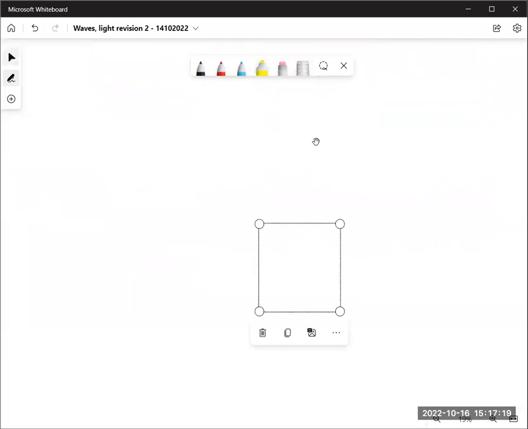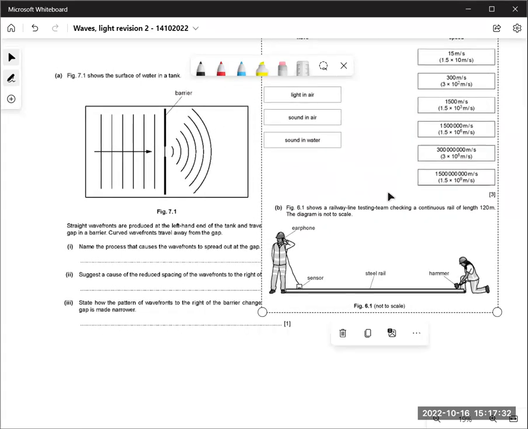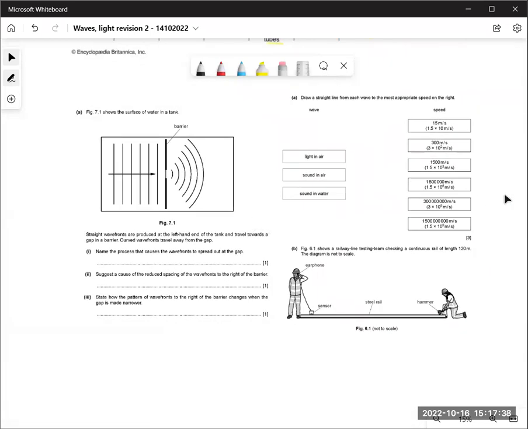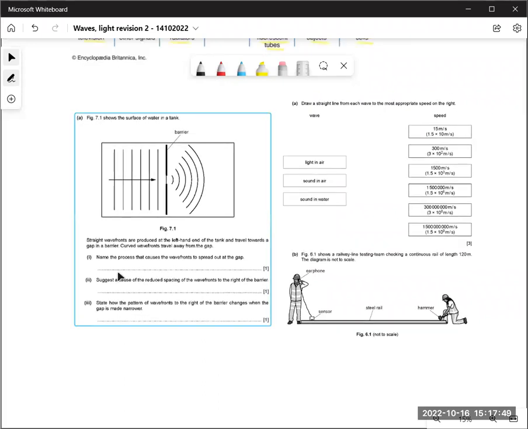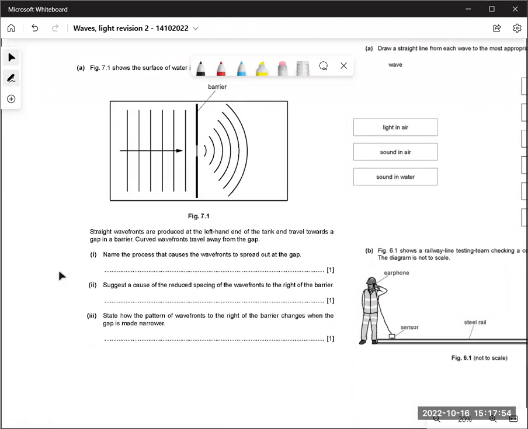Now finally, you have one question. This one. Then the process, that's different. Part 2 says suggest the cause of the reduced spacing of the wave fronts to the right of the barrier.